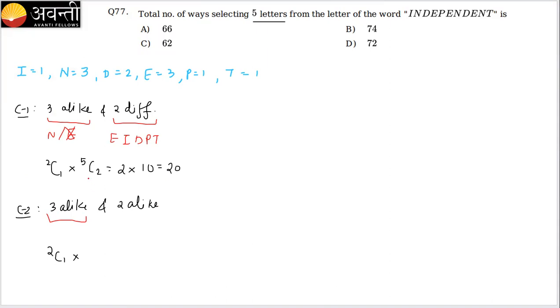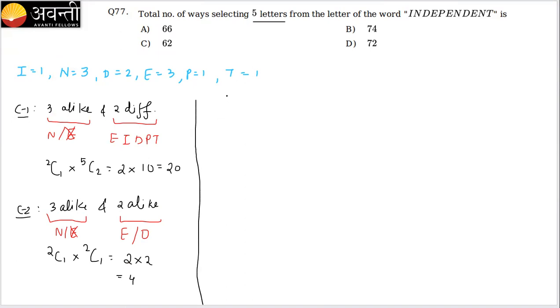Suppose from N or E I selected N, so for 2 alike I'll have E or D because they occur 2 times. P, T and I occur once, so we cannot select those. Out of these two also we have to select 1. So 2C1 into 2C1 means 2 into 2, which is equal to 4. This is my case 2.